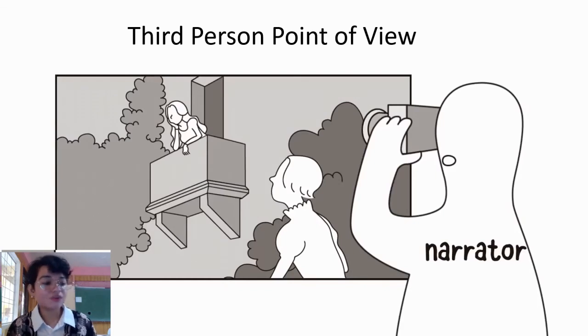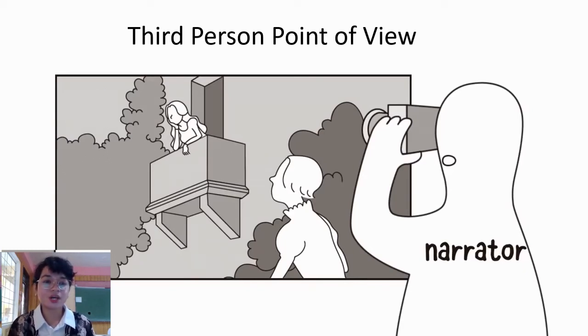Okay? And we can also have the third person limited point of view, because this point of view only focuses on the main character. It can tell us the emotions or the thoughts of the main character.